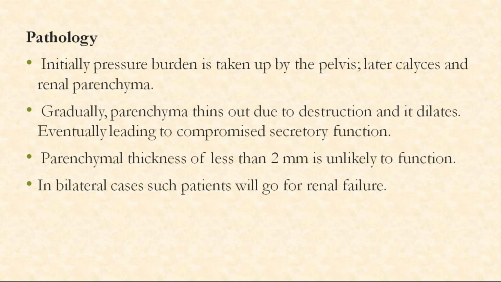So once the parenchyma is stretched out, the secretory function is also damaged. A parenchymal thickness of less than 2 mm is unlikely to function. So in bilateral cases, such patients will go into renal failure. So that is the pathogenesis that takes place in the kidney.